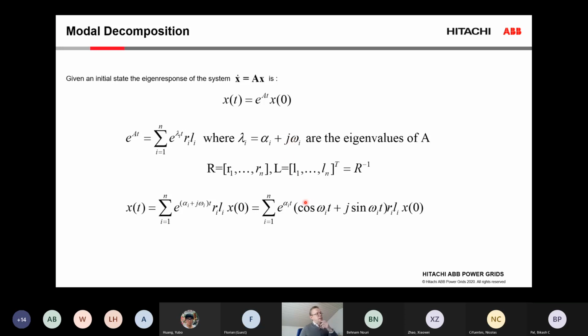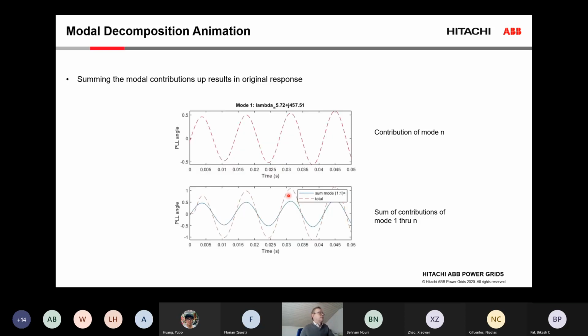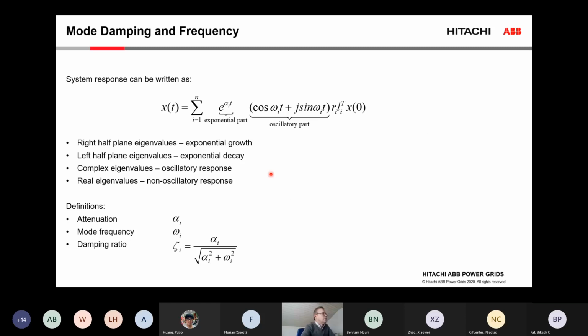This is a very useful representation to assess stability, because based on this form we can clearly, just by inspection, see that the eigenvalues can be used to characterize the stability of the system.